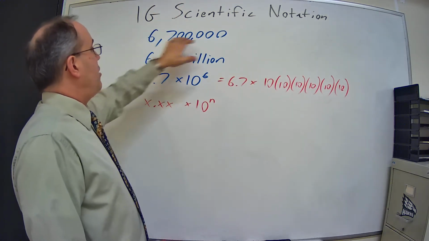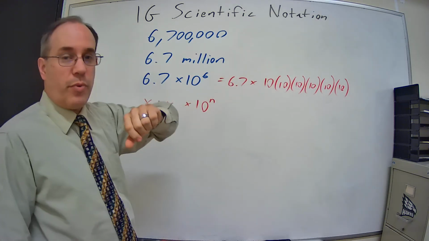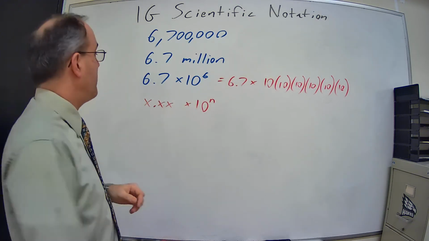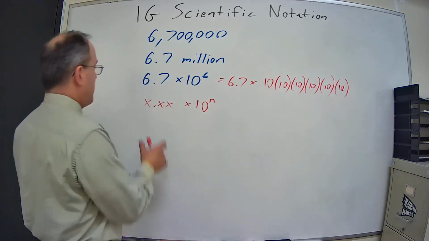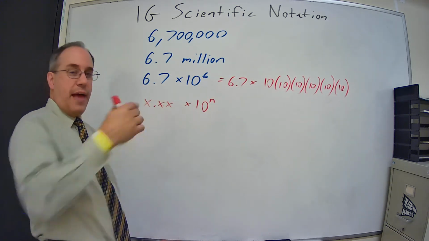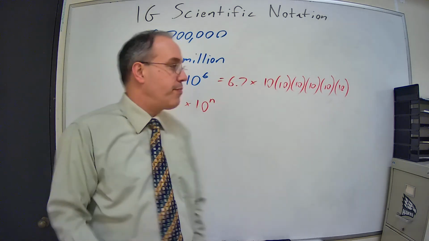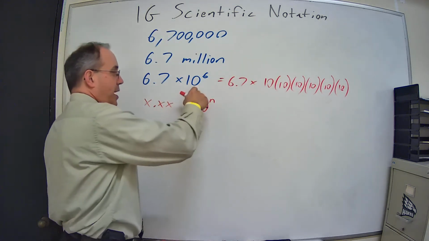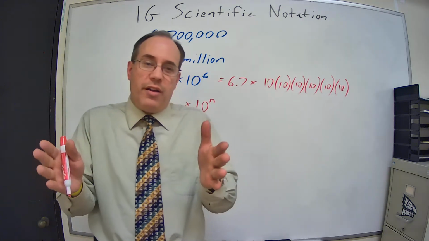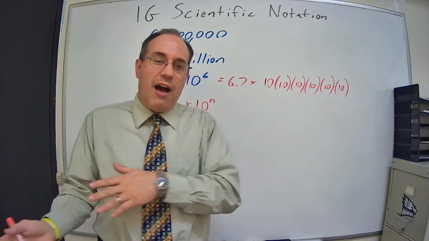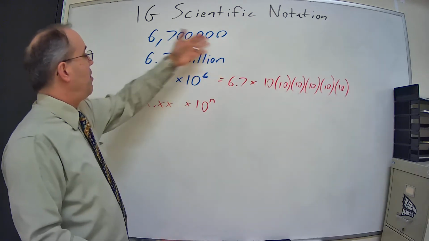That's basically what scientific notation is doing. It's taking a number such as 6.7 million or 6,700,000, and breaking it down into two pieces: the decimal part that is between 1 and 10, and 10 raised to some power. That power determines how far we're going to shift the decimal point.